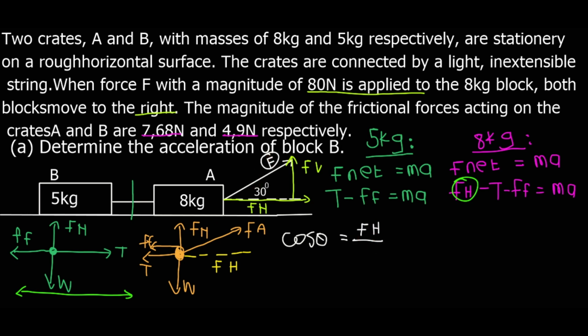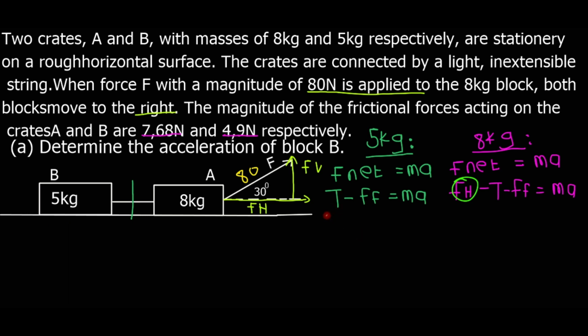The hypotenuse is this force, and we are given that this force is 80 newtons. So FH equals cos theta, and our angle is 30 degrees, times 80.